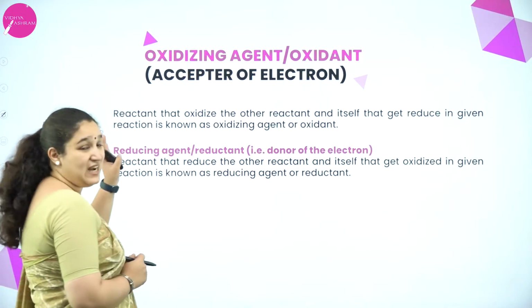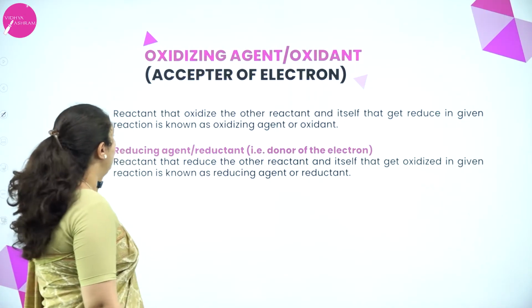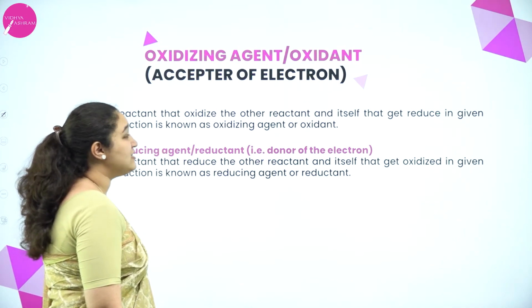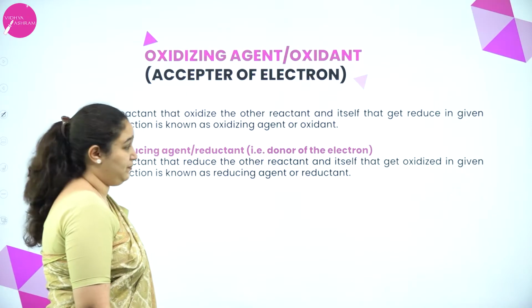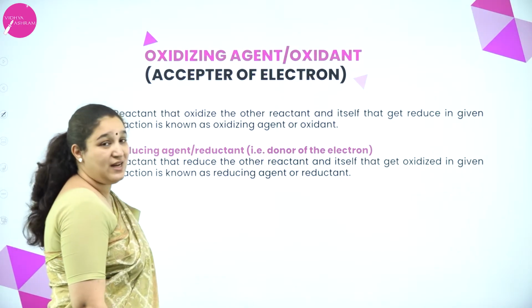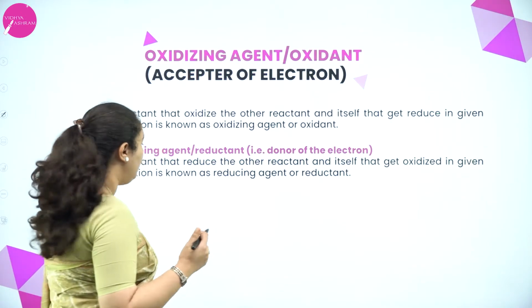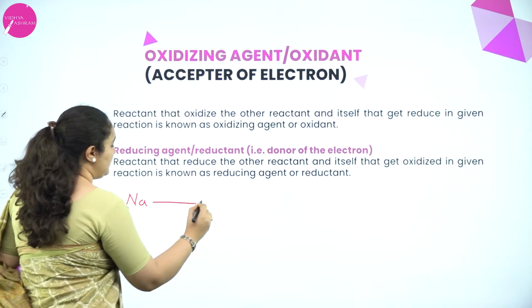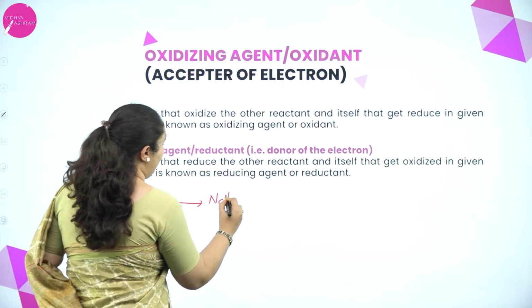Okay. So first I shall read the definition. A reactant that oxidizes the other reactant and itself gets reduced in a given reaction is known as an oxidizing agent or oxidant. For example, I told you sodium is losing electrons to become Na plus.